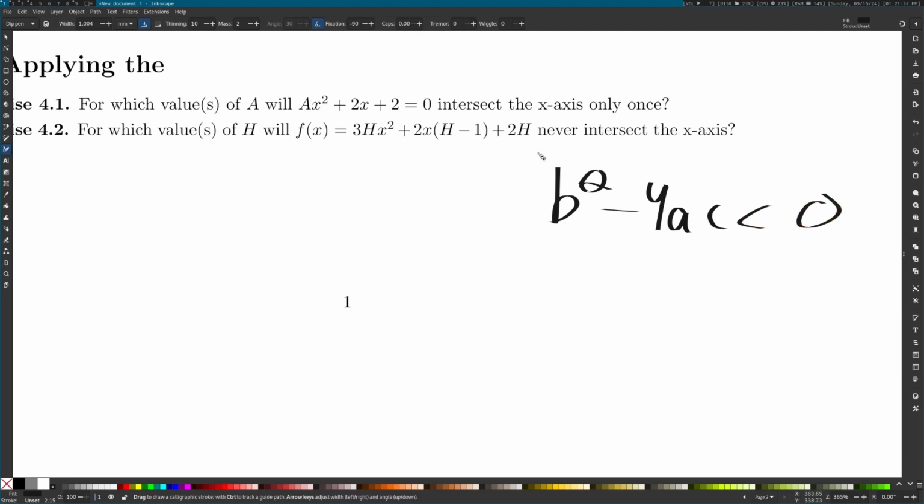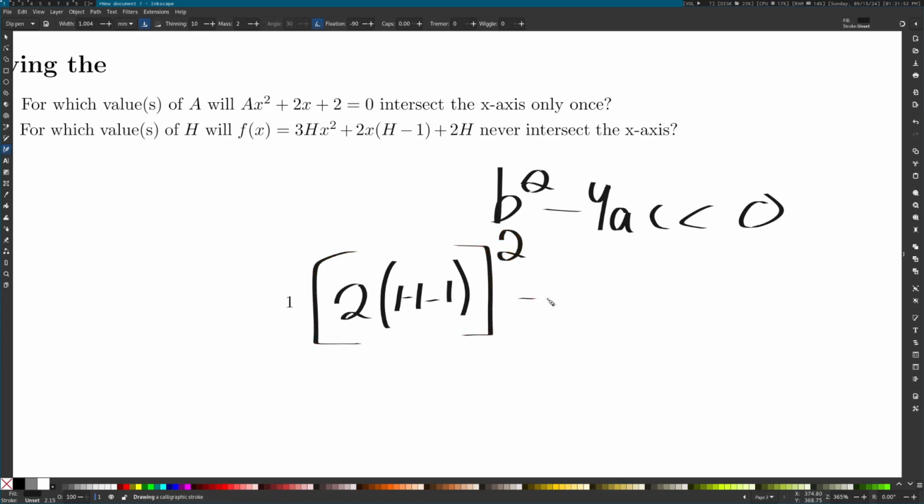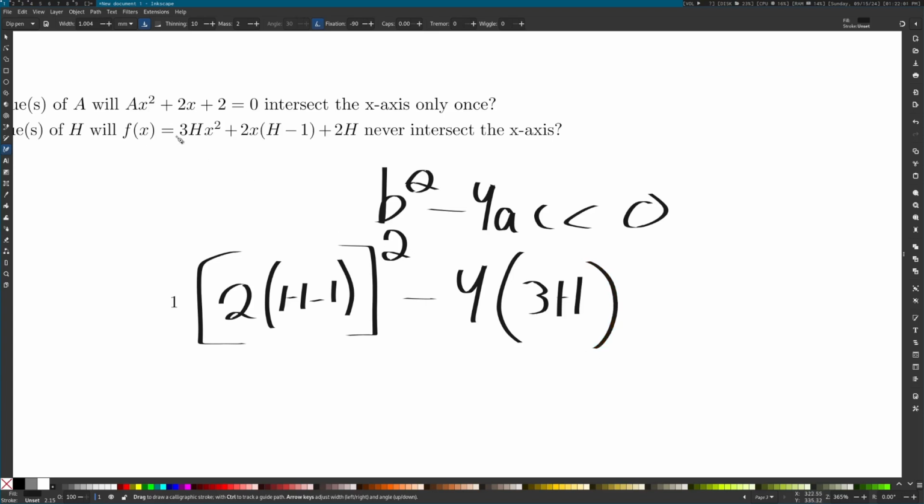Okay, let's plug in our terms, even if they're kind of ugly. So 2 times h minus 1, all of this squared, since this is our b term, minus 4 times a is 3h, times 3h, times c, which is 2h.